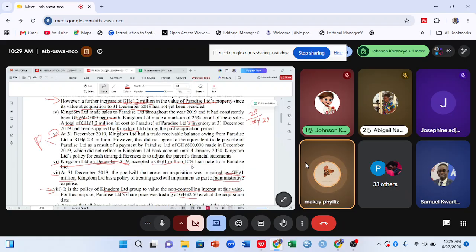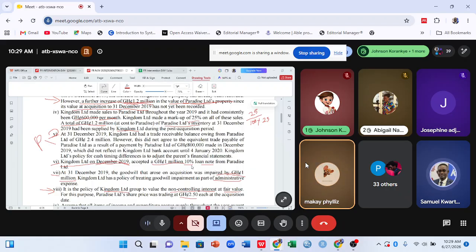However, this did not agree to the equivalent trade payable of Paradise Limited as a result of a payment by Paradise Limited of 800,000 made in December 2019, which did not reflect in Kingdom Limited bank accounts until 4th January 2020. Kingdom Limited's policy for cash timing difference is to adjust the parent's financial statements.